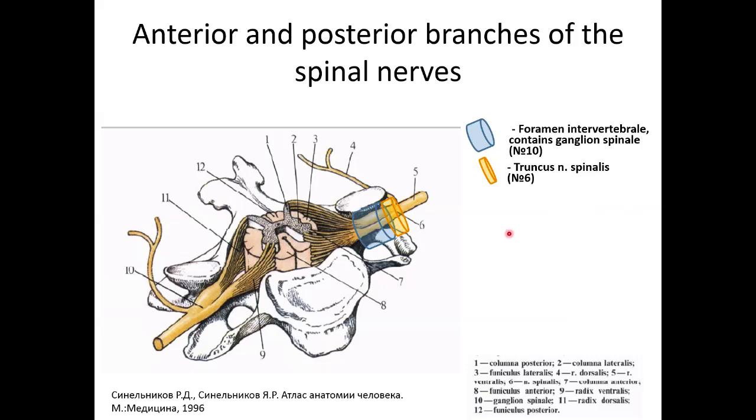It's a question here. How can we distinguish where is anterior radix and where is posterior radix?